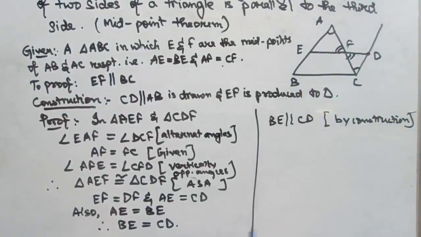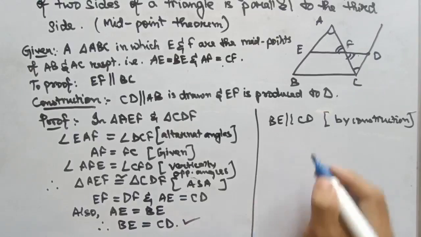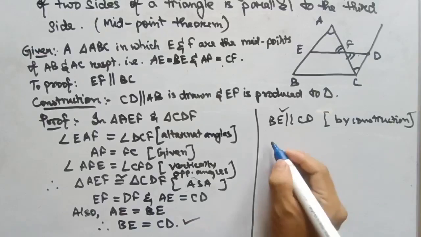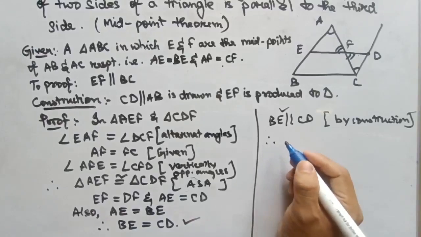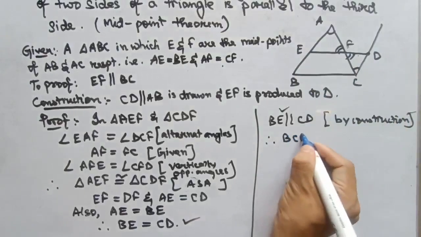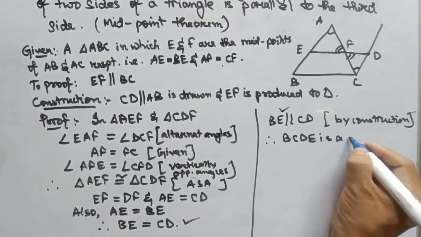So BE is parallel to CD. Now, if you observe, BE is equal to CD and BE is also parallel to CD. From these two, we can conclude that the quadrilateral BCDE is a parallelogram.